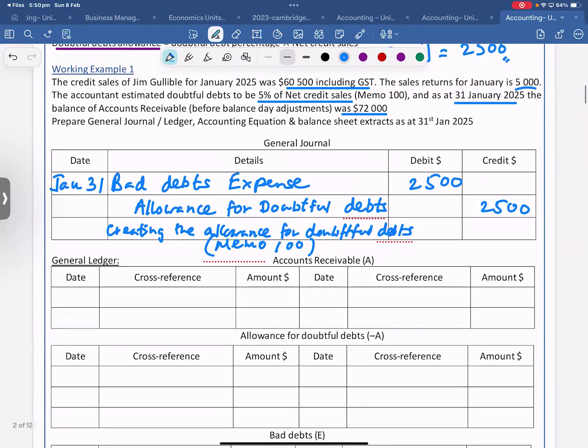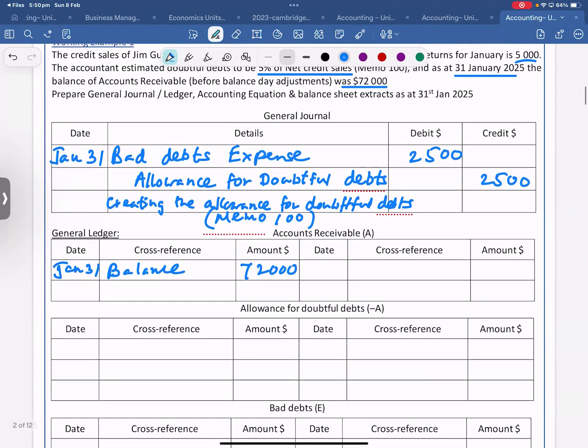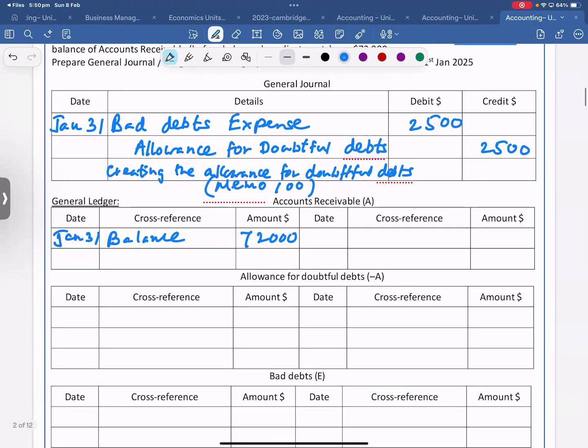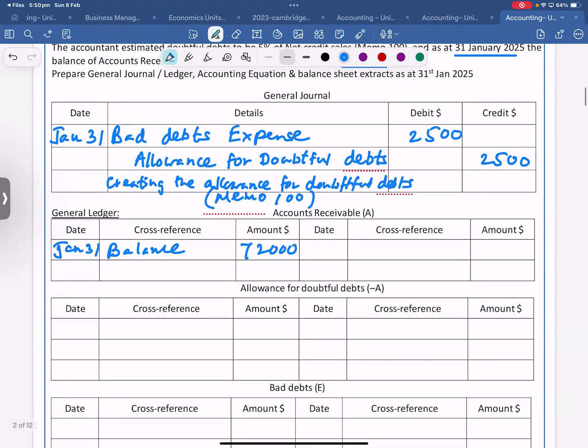All right, guys, what's the closing balance of the accounts receivable on January 31st? 72,000, yes. Then allowance for doubtful debt, what will happen?